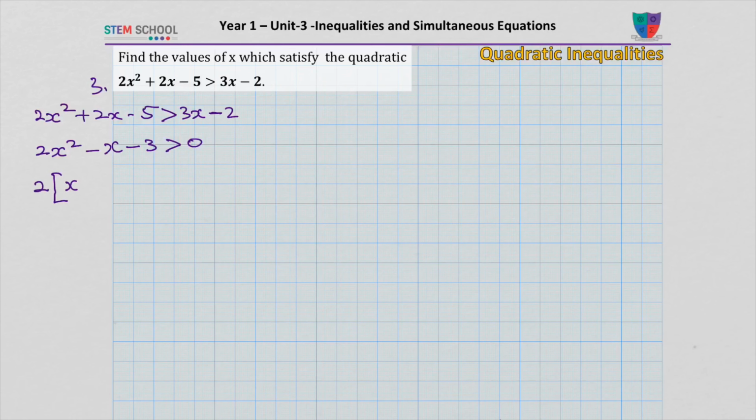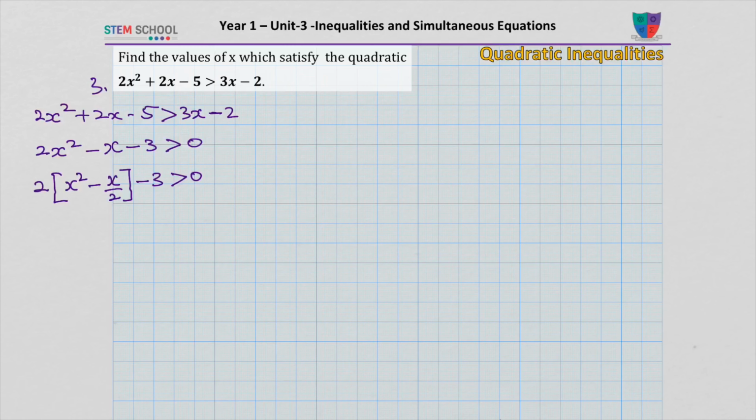So that will be 2 open bracket x squared minus x over 2 close bracket minus 3 is greater than 0. If I multiply them, open the bracket again, I'll get the top back. That means 2 times x squared is 2x squared, and 2 times minus x over 2 is minus x. So all I did was make the coefficient of x squared 1.